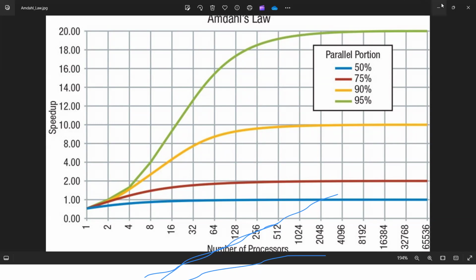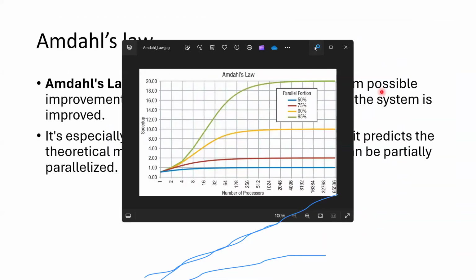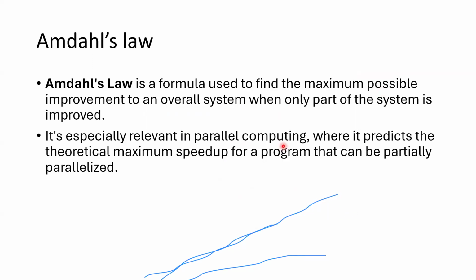So Amdahl's law asks a question to us: at what point in time is adding improvement useless? At what point in time is the improvement you are adding not going to work?